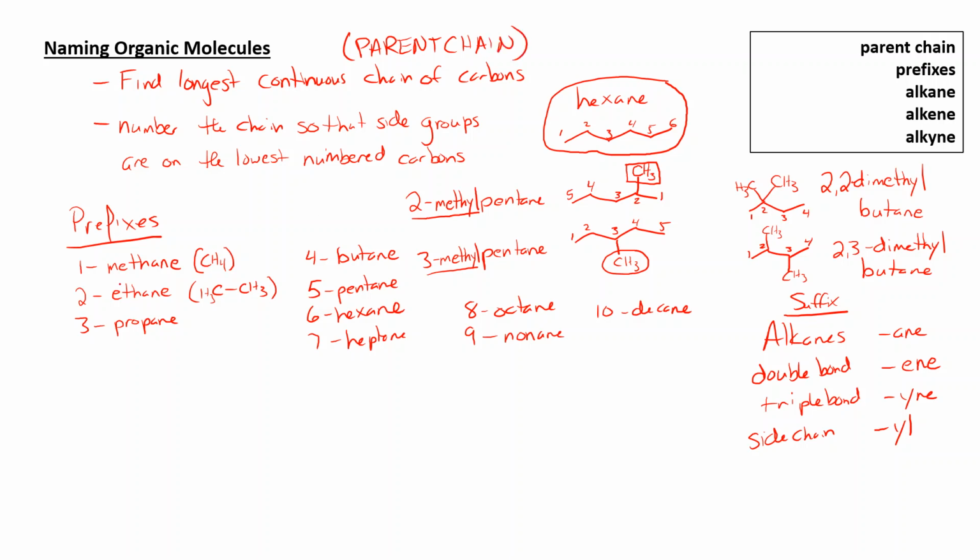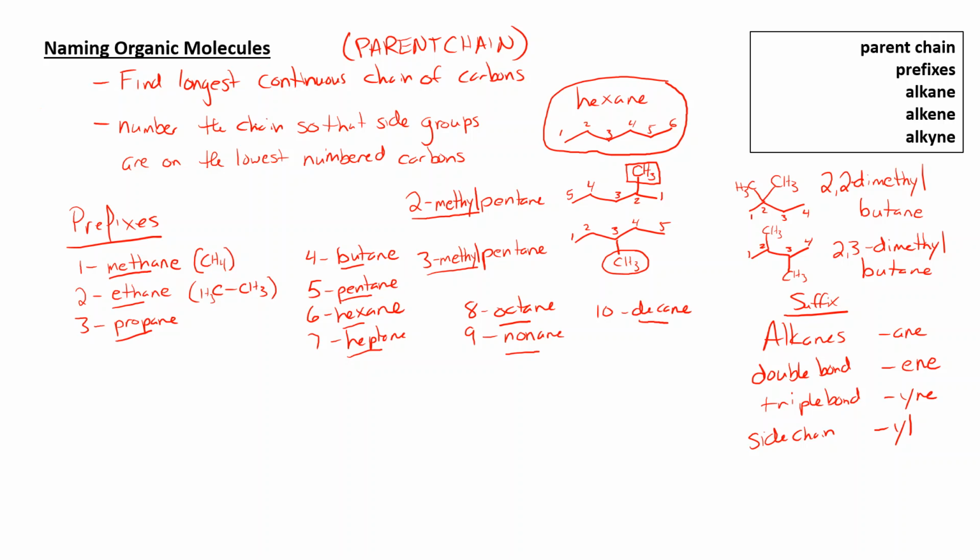We use these prefixes, meth, eth, prop, but, pent, hex, hept, oct, non, and dec to indicate the number of carbons in the chain. So that goes for parent chains and side chains. So number one, find the longest chain.